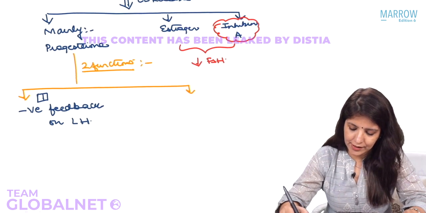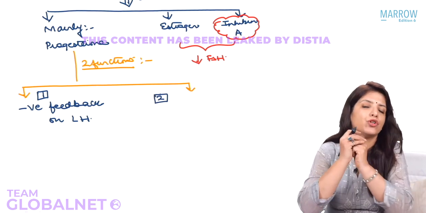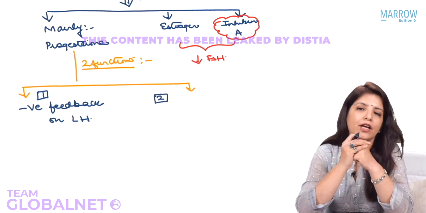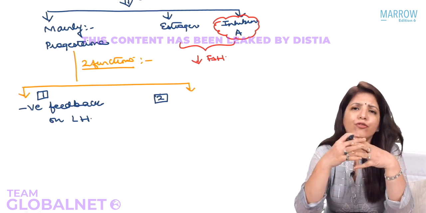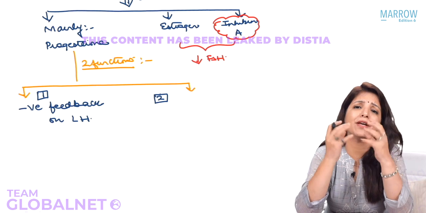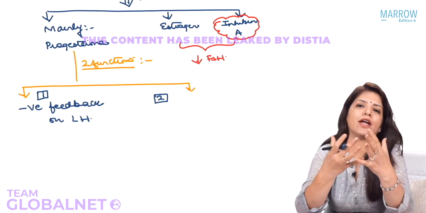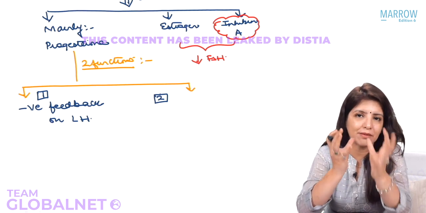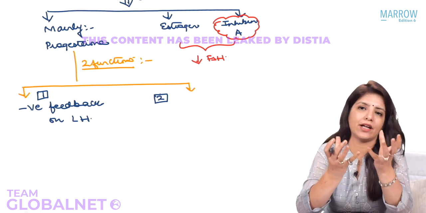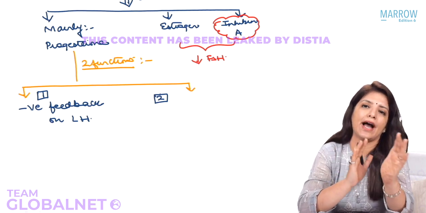And the second thing it is going to do is, what estrogen was doing, it was proliferating the endometrium, right? And proliferated endometrium is very, very weak. So when progesterone comes, it supports the endometrium, it stabilizes the endometrium, it acts like a cement and holds that endometrium. This is called secretory action.